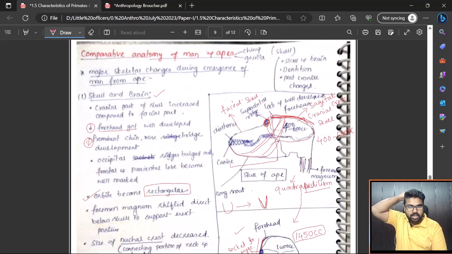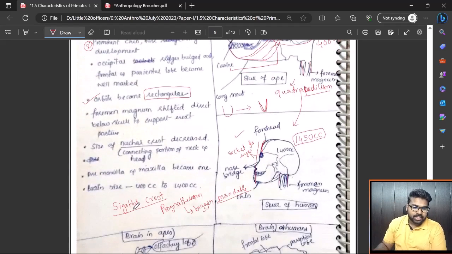If we check our head, there is no sagittal crest. So another change that has happened is the disappearance of the sagittal crest. Okay, so this is another modification.